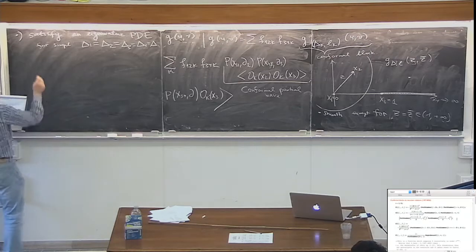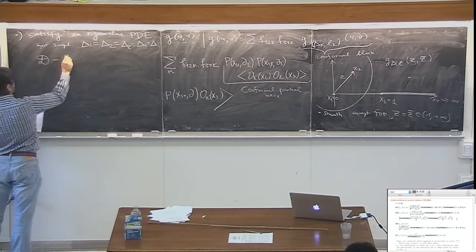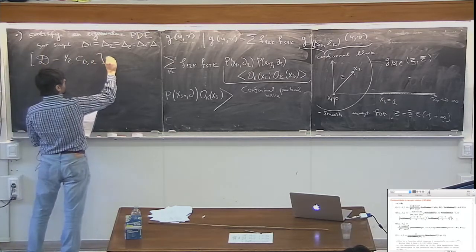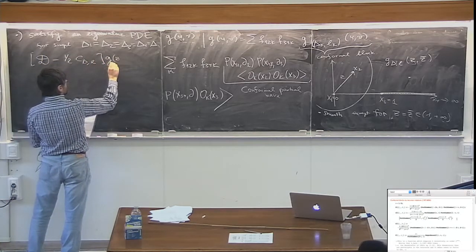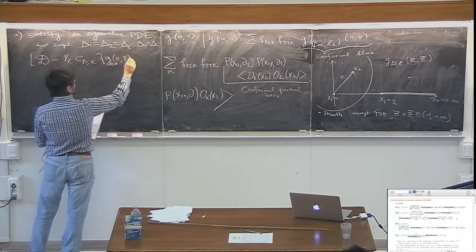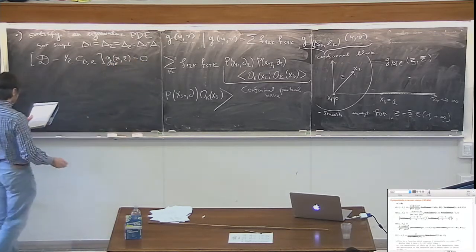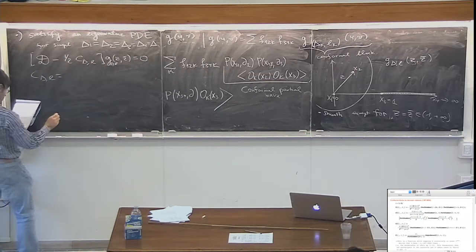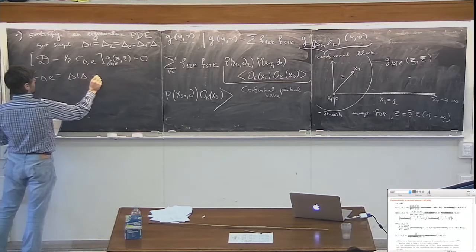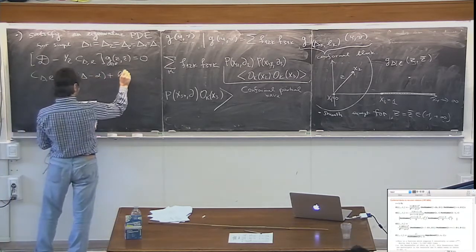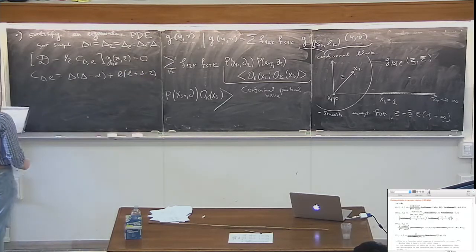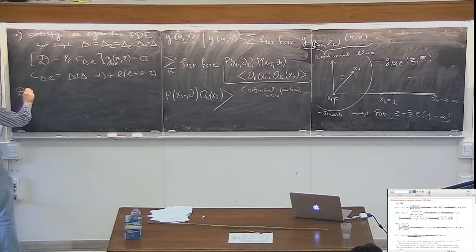So this eigenvalue equation has the following form. D minus 1/2 C_{Δ,L} G_{Δ,L}(z, z bar) equals 0, where C_{Δ,L} is Δ(Δ minus d) plus L(L plus d minus 2). I'm going to write down the equation and I'll explain where it comes from.